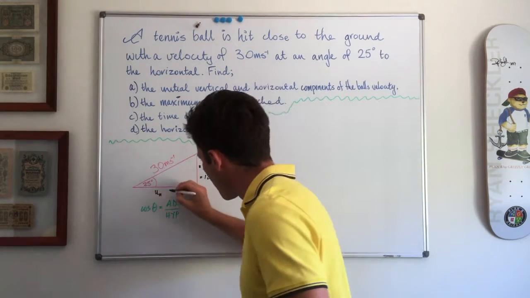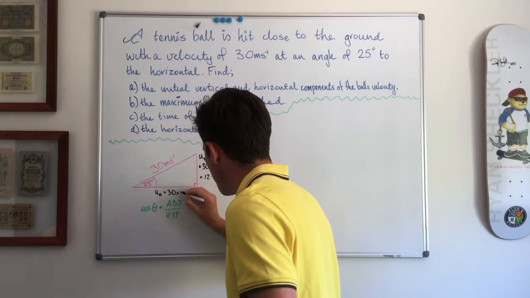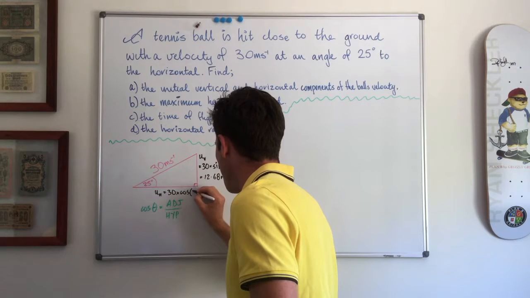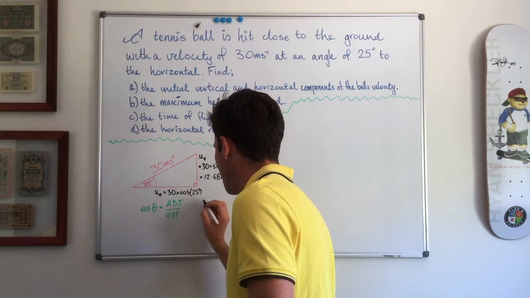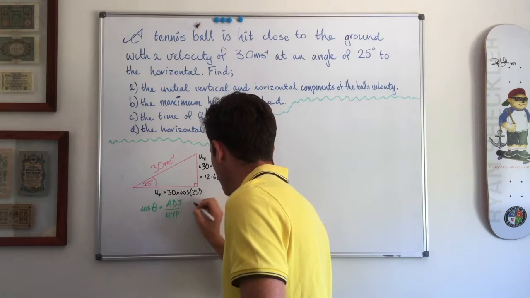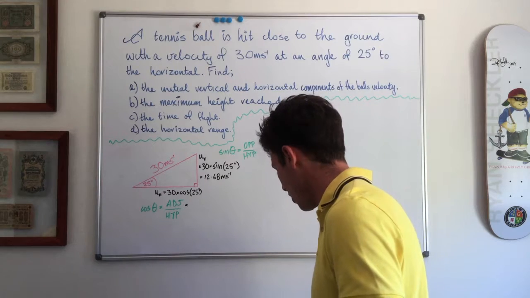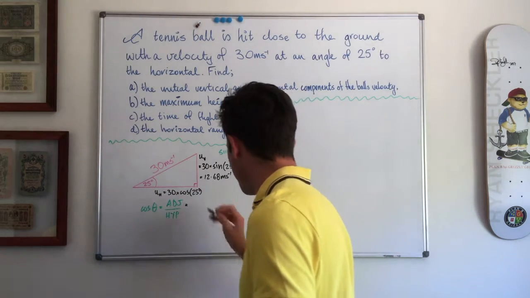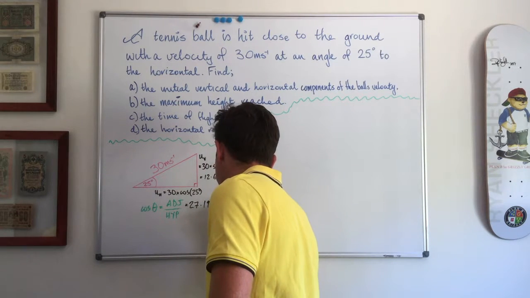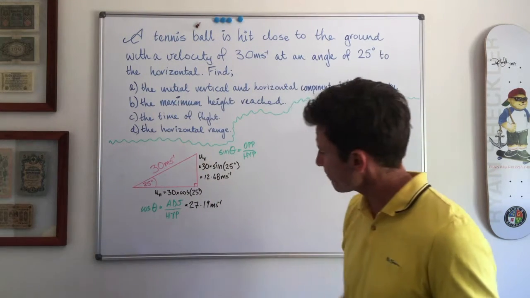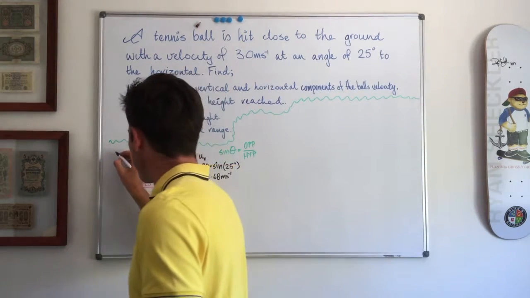In this case, the hypotenuse is 30 times the cosine of 25 degrees, which gives us an initial horizontal velocity of 27.19 meters per second. Okay, so that's the answer to part A under control.